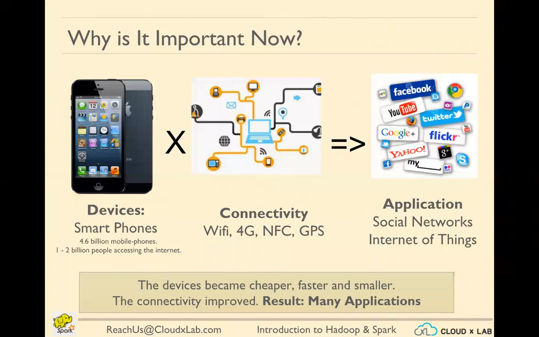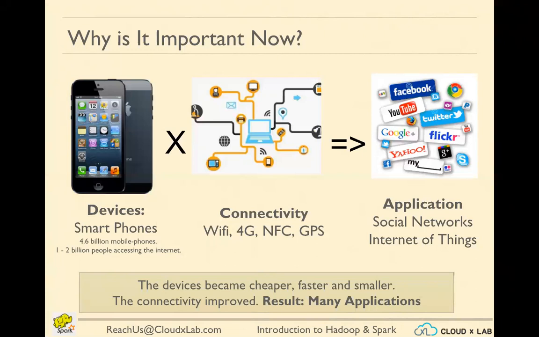And if you multiply the two factors, devices and connectivity, the amount of data generated is huge. And to put devices and connectivity to use, various kinds of applications came into play: social networks, the Internet of Things, and so on. Many applications such as Facebook, YouTube, Google+, Twitter, Flickr, Yahoo, Gmail, all came into play at that point of time.